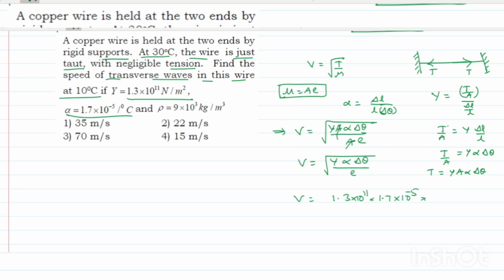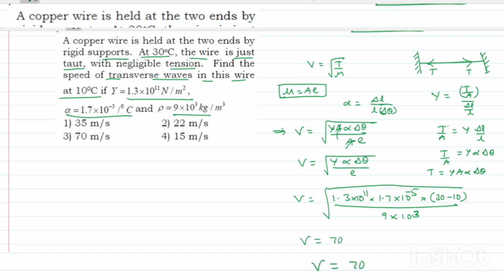The change in temperature is 30 minus 10, divided by the density, given as 9 into 10 power 3 kg per meter cube. This is all under the root. Now just simplify this, students. Nearly the velocity of the wave will be 70 meters per second. This is the correct answer.